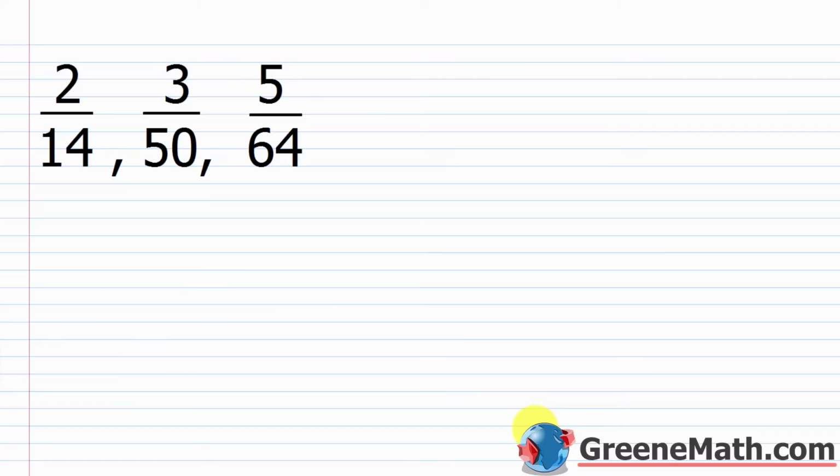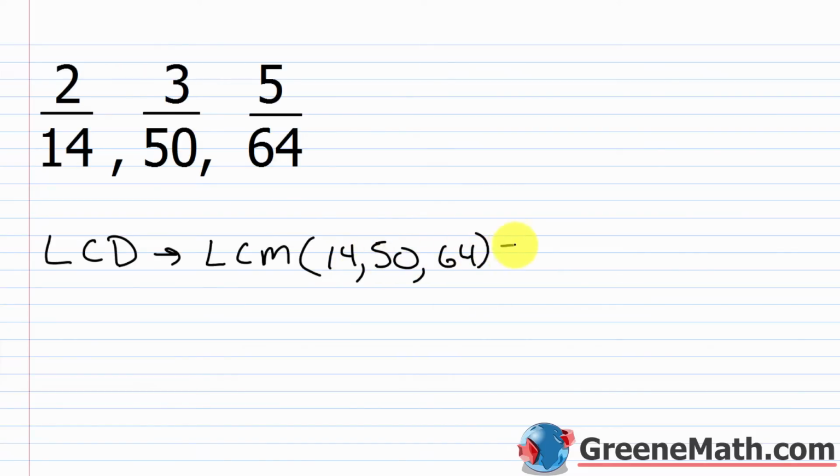Okay, let's take a look at one final problem. We have 2 over 14, 3 over 50, and 5 over 64. Again, to find the LCD, we're trying to find the LCM, the least common multiple, of 14, 50, and 64.